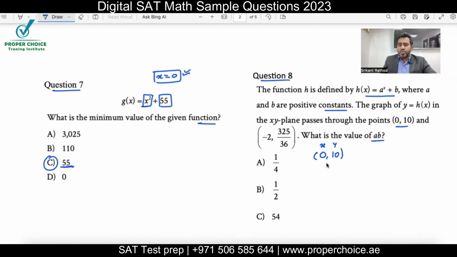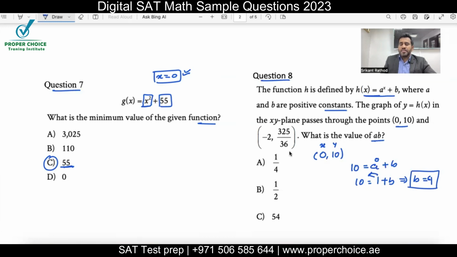So substitute this coordinate into the original equation. 10 is equal to a to the power 0 plus b. Any number to the power 0 is 1, so 10 is equal to 1 plus b. Rearranging the terms, I get b as 10 minus 1, which is 9. I got the value of b.